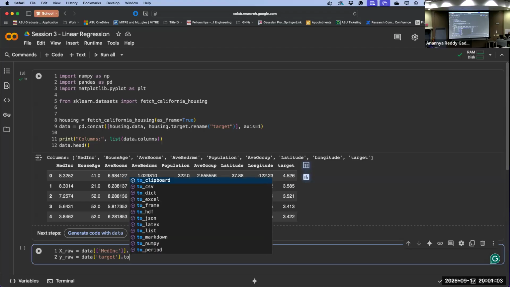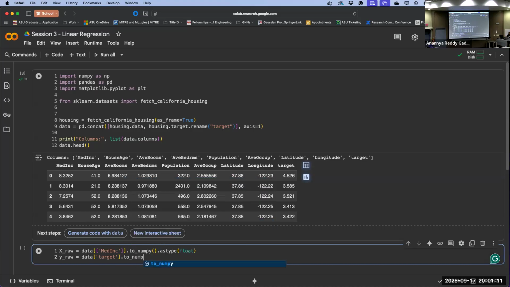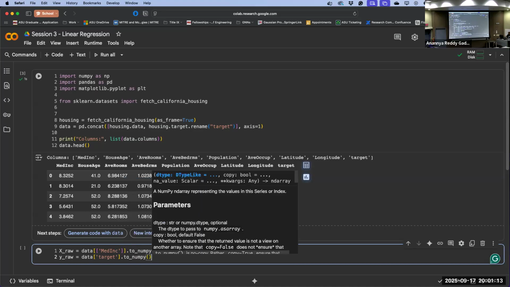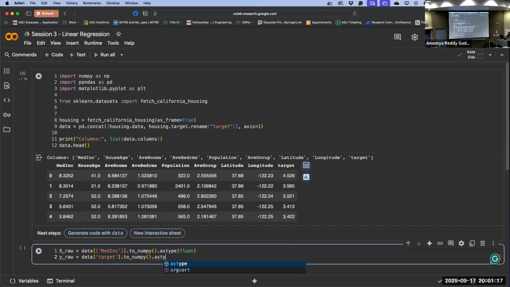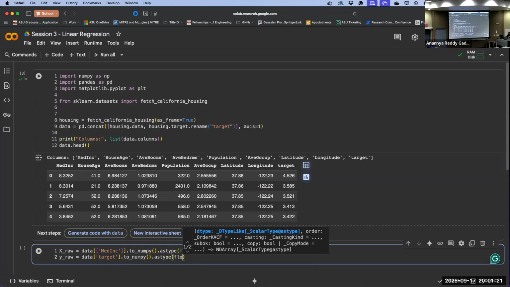Here we are just converting it to NumPy arrays so that we can do the calculations later. Is everyone done with the first set?